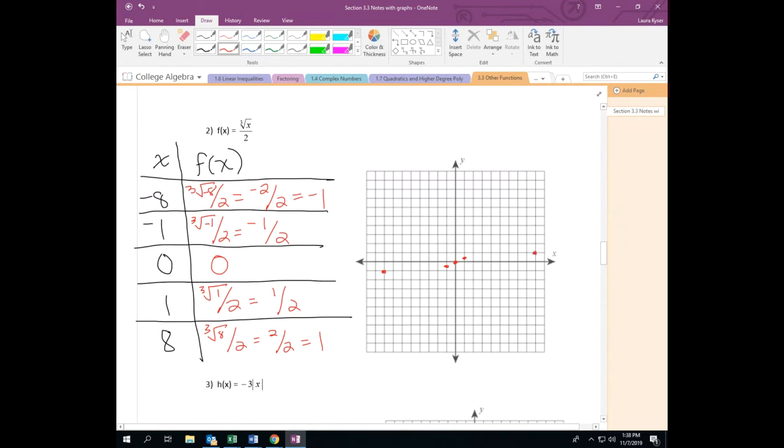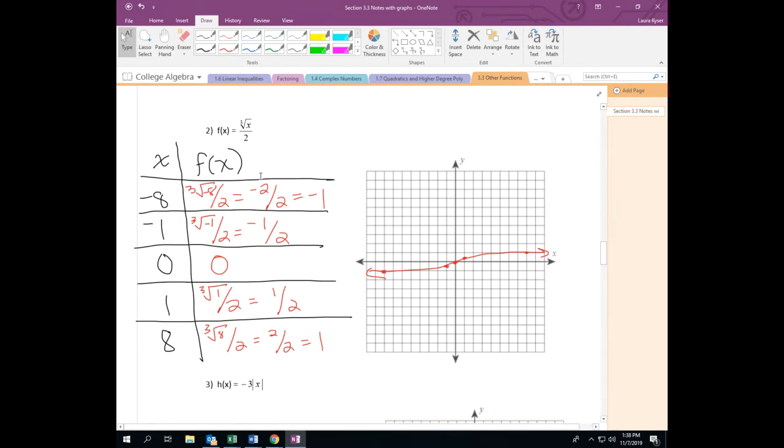Oh, so close. Nope, that's 9. 8, right there. All right, and then it's going to look an awful lot like the other cube root. Whoa, that was close. It's just a little bit more condensed, smushed in towards that x-axis.